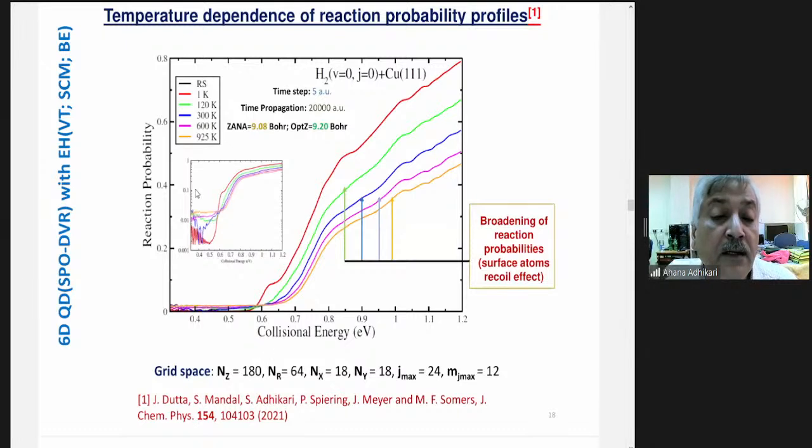Okay, and the time we moved was 20,000 atomic units, and the analysis has been done when the molecule is actually 9.08 Bohr away from the surface. That means close to 4.5 angstrom from the surface, sufficiently away from the surface.